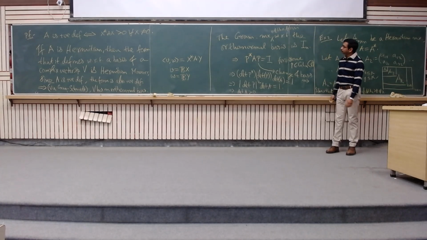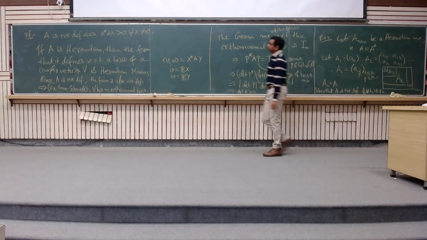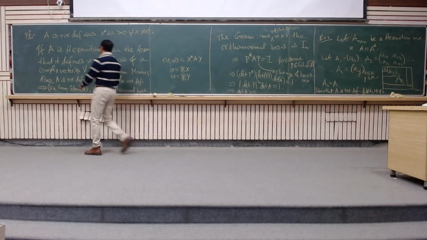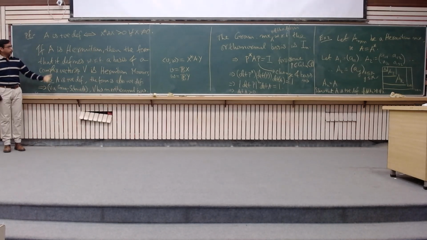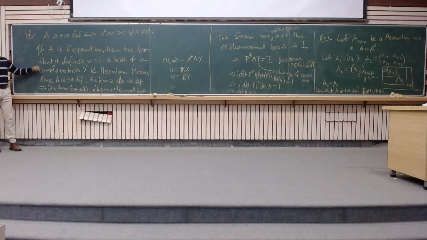Now note that if instead of considering the entire basis V1, V2 to Vn, the initial choice of basis, you restrict the basis to just the first vector, say V1. So with respect to V1, what would be the Gram matrix? A11, the first entry only.